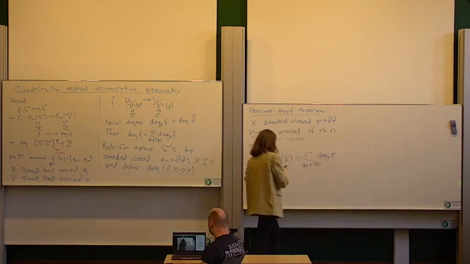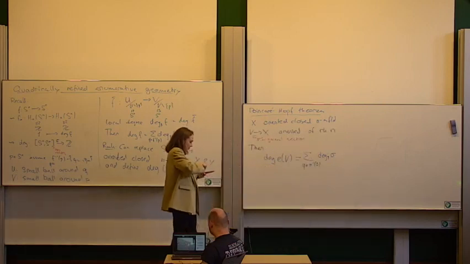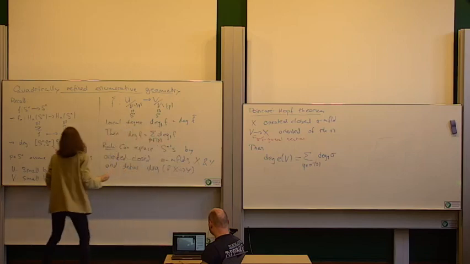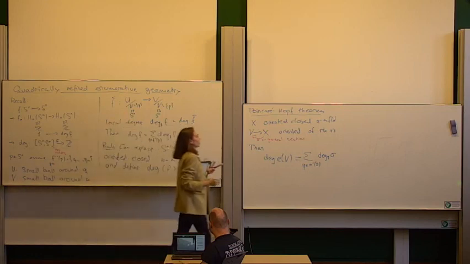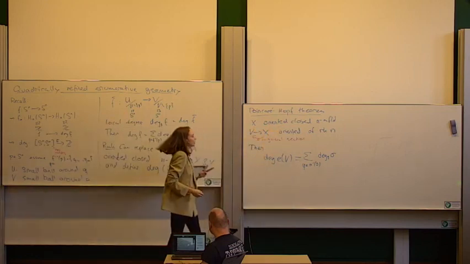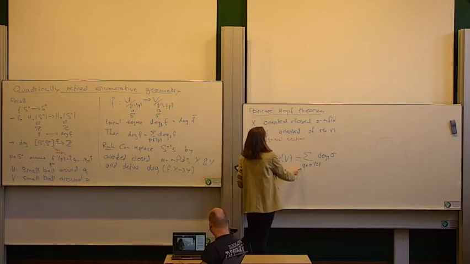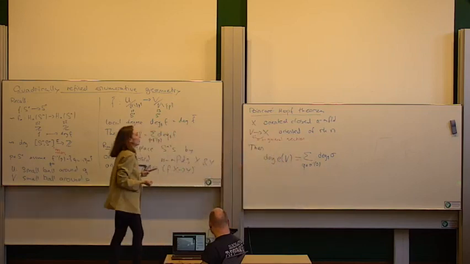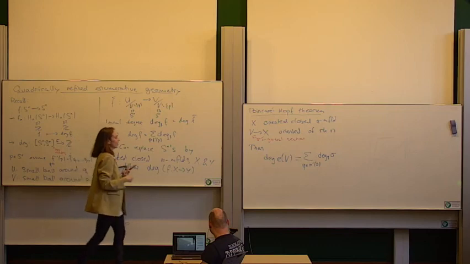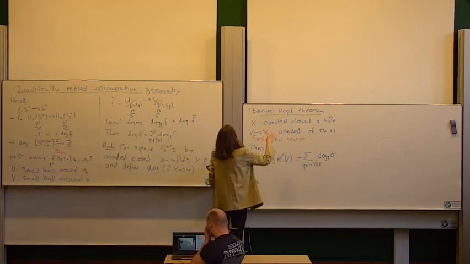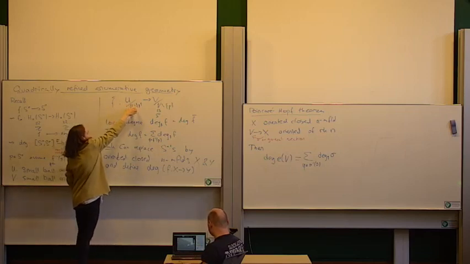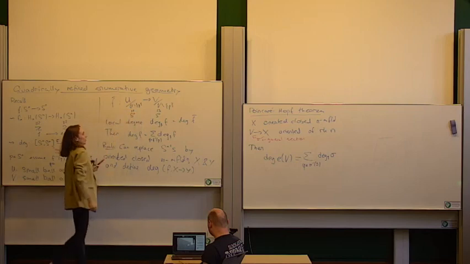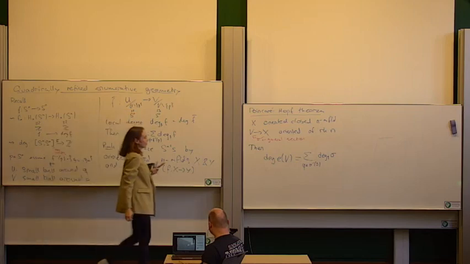So I haven't really told you what this is, so let me just do this orally, because I don't have that much time. It really is the same construction as I did here. So I have an oriented closed n-manifold. Around each pre-image of 0, I can choose oriented coordinates and take a small ball around it, and with these oriented coordinates, when I collapse this, I get something homotopy equivalent to S^n.